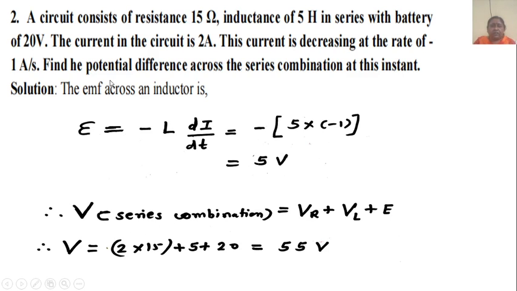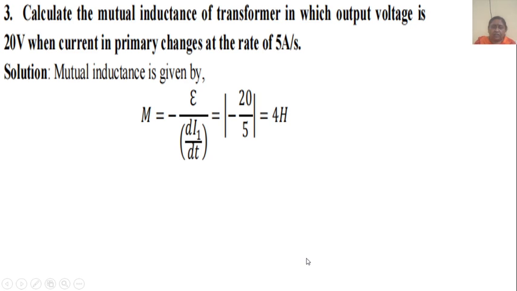Therefore, potential difference across the series combination is given by V in series combination equal to VR plus VL plus VB. So, here V equal to 2 into 15 plus 5 plus 20, that is equal to potential difference V equal to 55 volt.